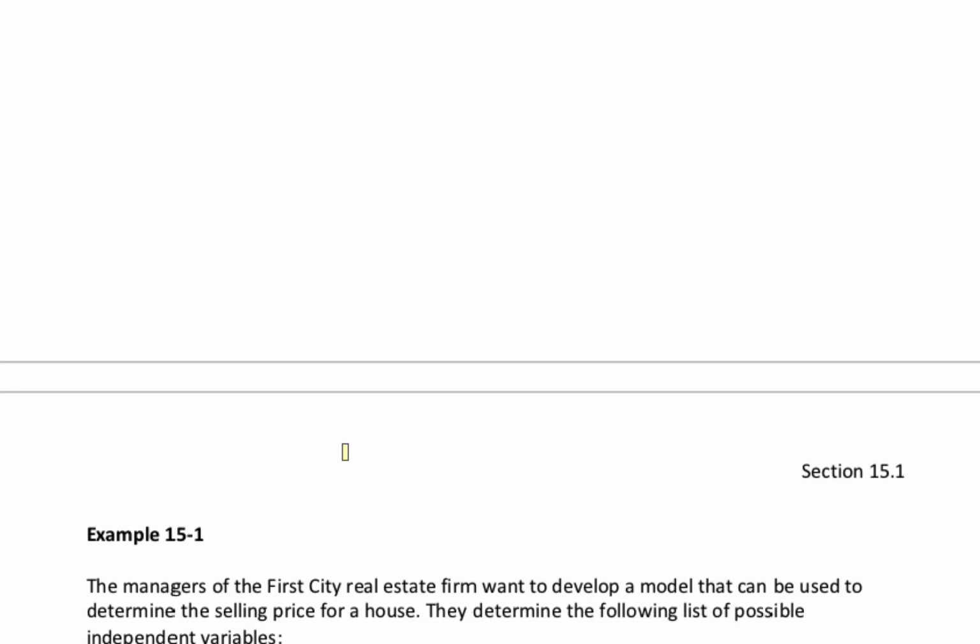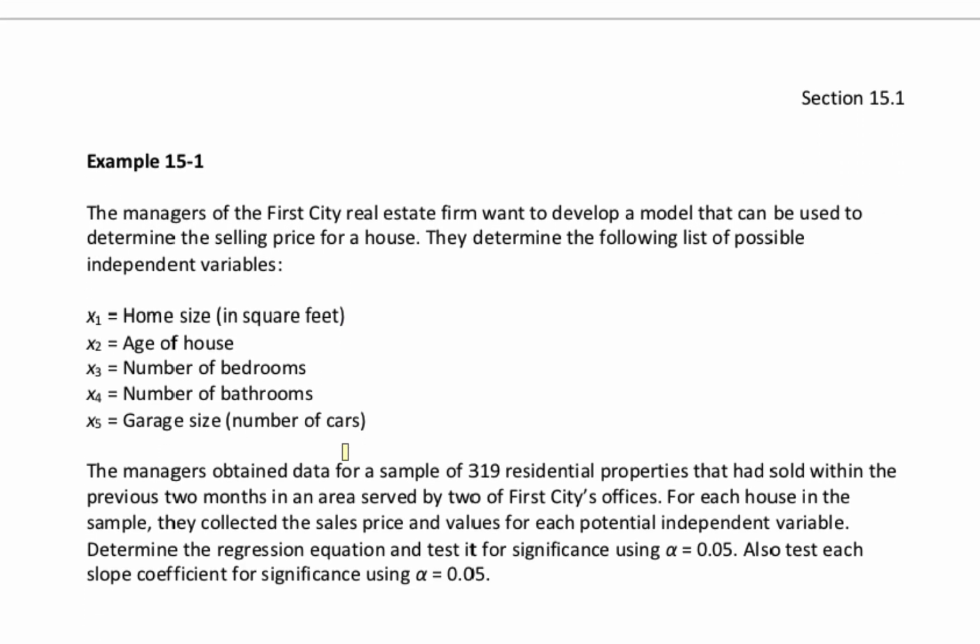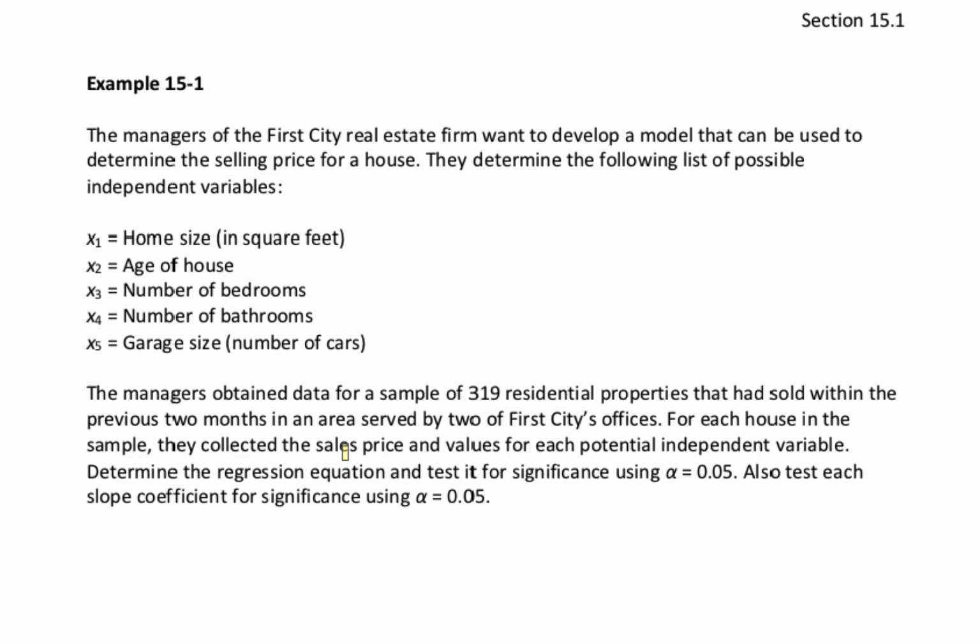So we are going to look at an example here. We have a real estate firm that wants to develop a model to determine the selling price for a house. And so these are the possible independent variables: home size, age of the house, number of bedrooms, number of bathrooms, and garage size. And you can imagine that all of these variables can affect the price of the house. So we have some data.